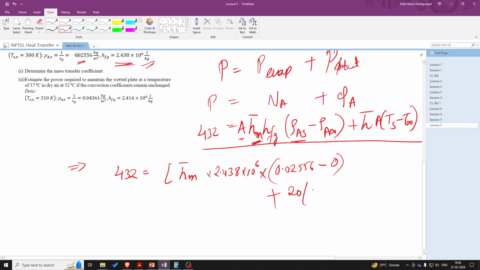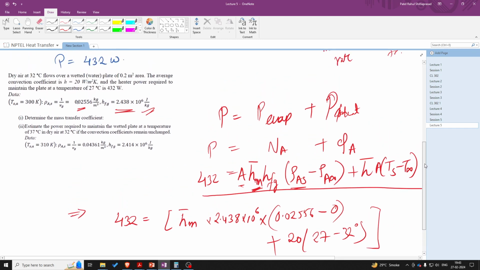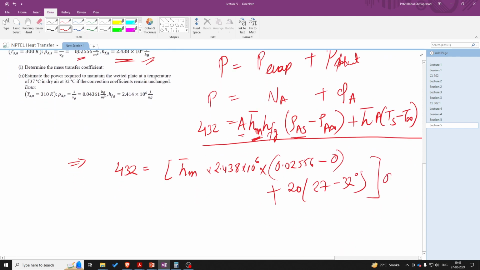The temperature of the surface was maintained at 27 degrees Celsius and the dry air was flowing at 32 degrees Celsius, and the area is given as 0.2 meter square. So yes, you can try solving this and you can get the value of h-bar_m as 0.033.